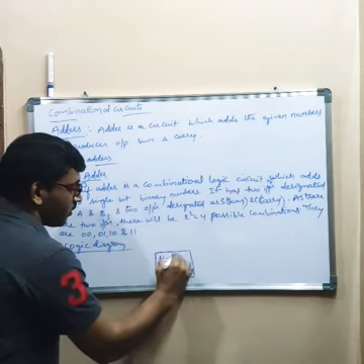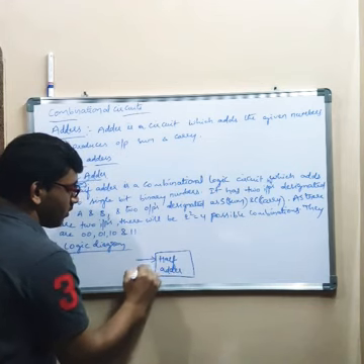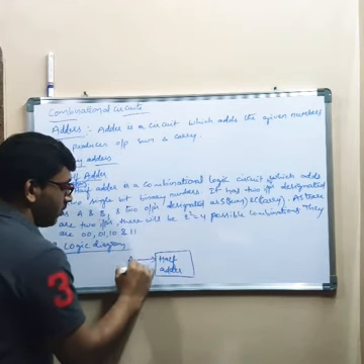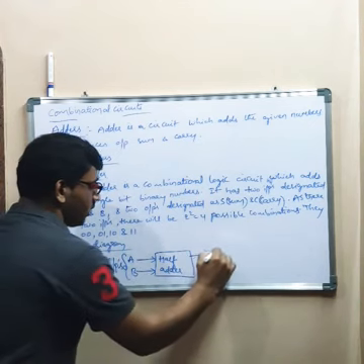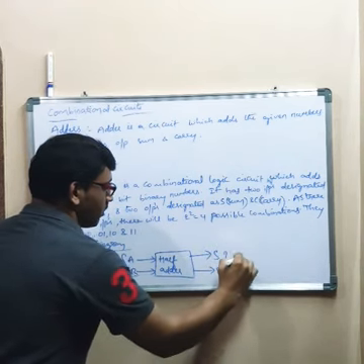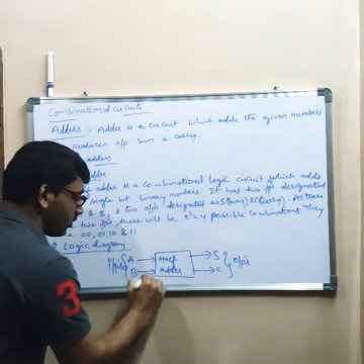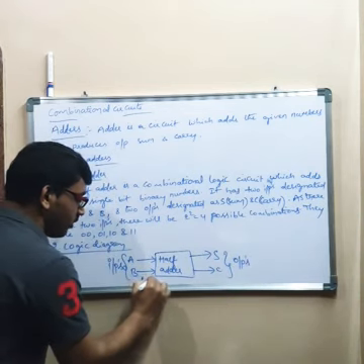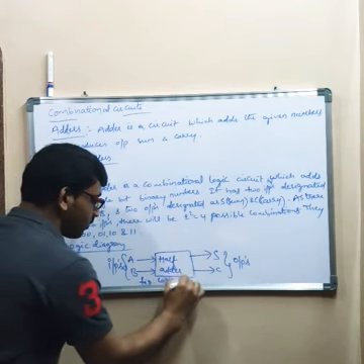Half adder: the inputs are A and B, the outputs are S and C. This is the figure, and you have to write everything in detail: logic diagram of half adder.